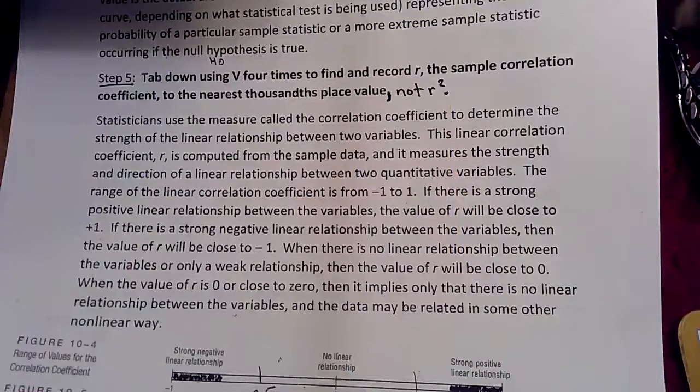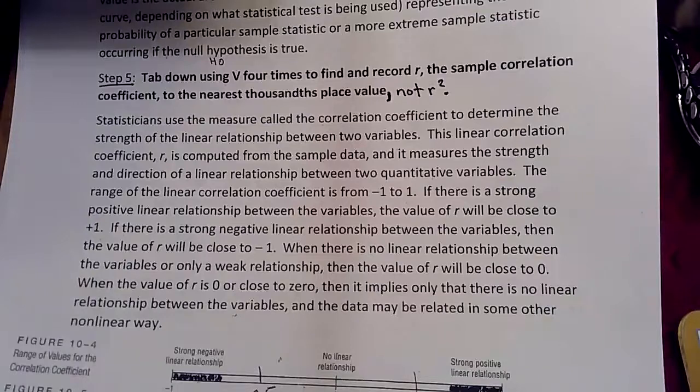So statisticians use the measure called the correlation coefficient to determine the strength of the linear relationship between two variables. This linear correlation coefficient R is computed from the sample data, and it measures the strength and the direction of a linear relationship between two quantitative variables, okay, as opposed to qualitative variables.